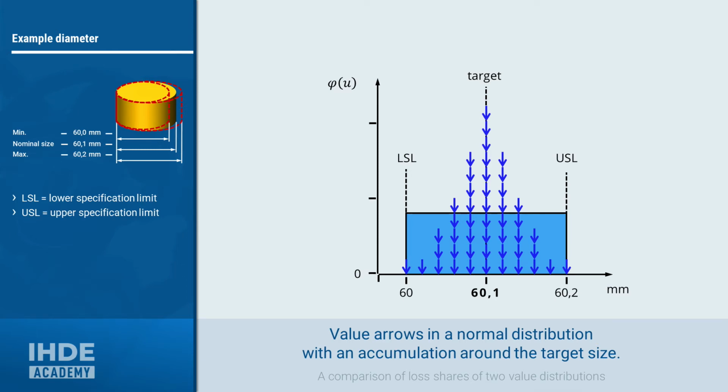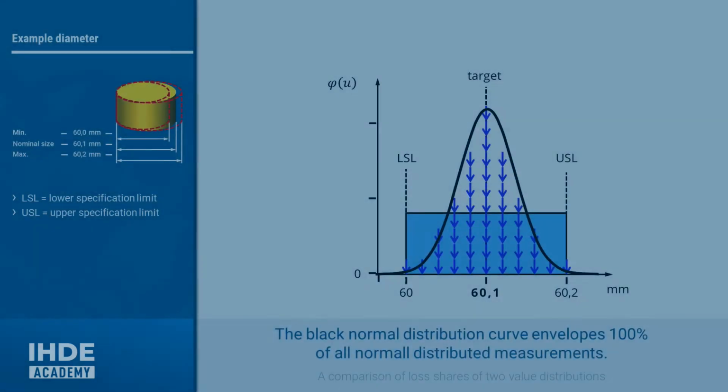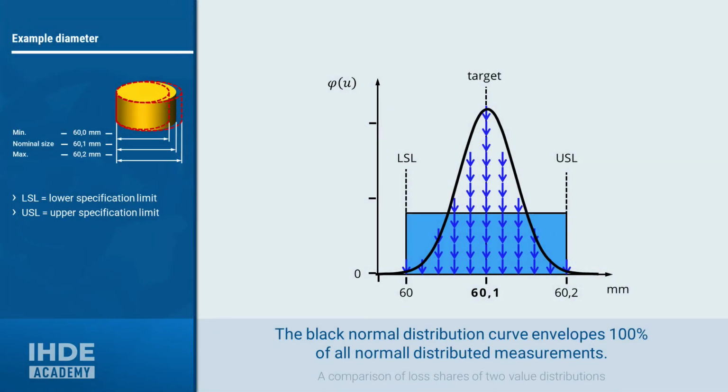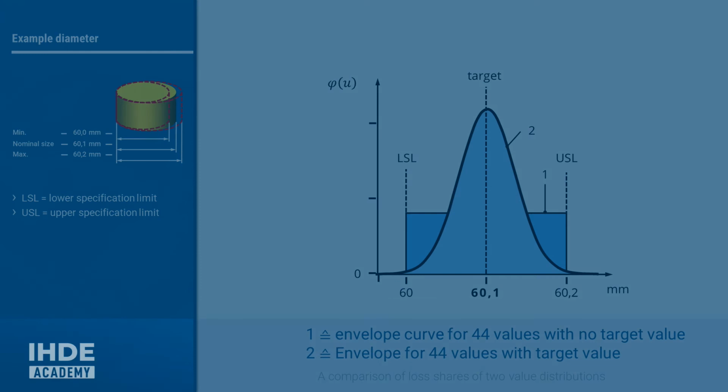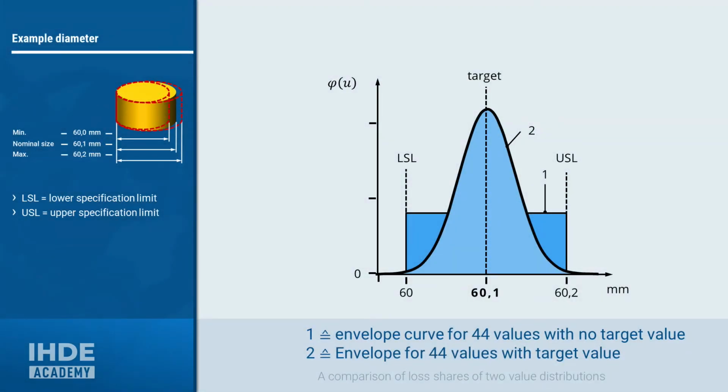It can be clearly seen that the values are concentrated around the target value. These values are also described by a distribution function, which describes the distribution of the values optimally. The area under the curve represents 100% of all measured values.